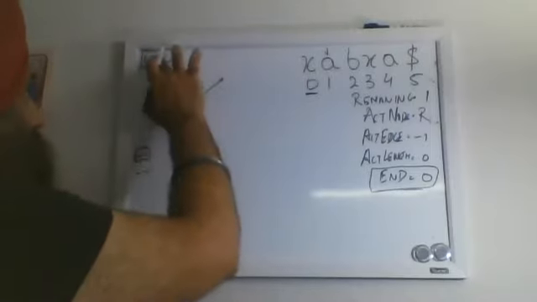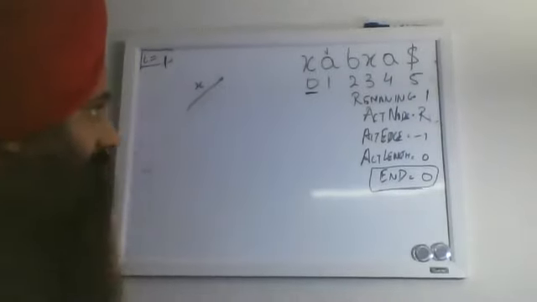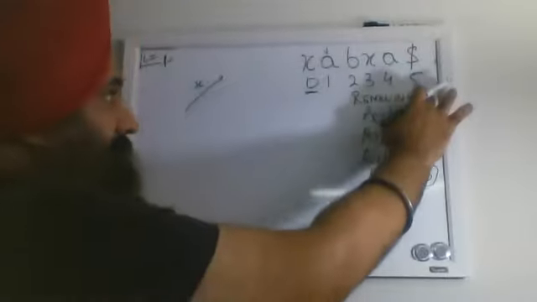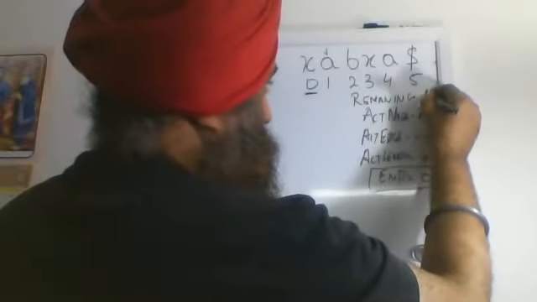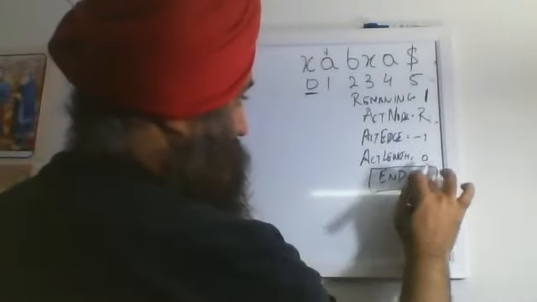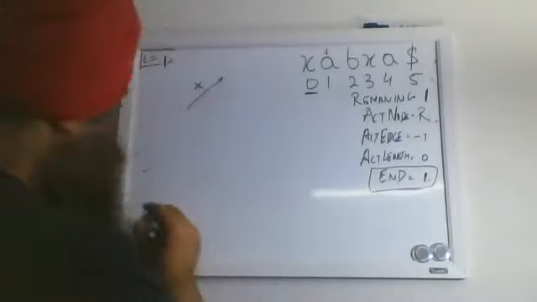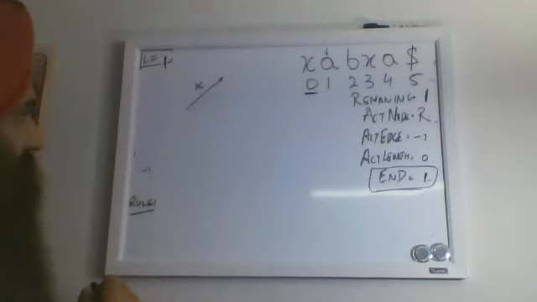Now your phase is I is equal to 1, that is you come to A. Your remaining, which we decremented by 1 in the previous phase, will increment by 1, so remaining becomes 1. Your node is R, edge is 0, and this end is pointing. First thing is, since we are storing the end, your rule 1 applies.